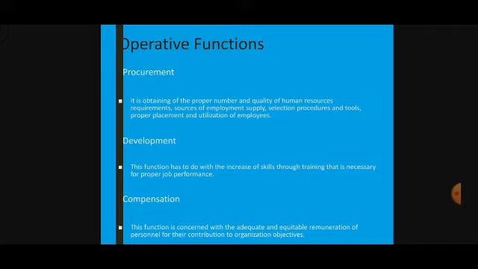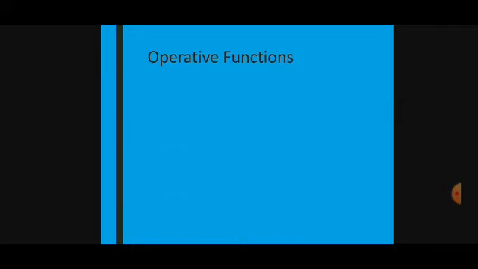This function has to do with the increase of skills through training that is necessary for proper job performance. Three is compensation. This function is concerned with adequate and equitable remuneration of personnel for their contribution to the organization's objectives.